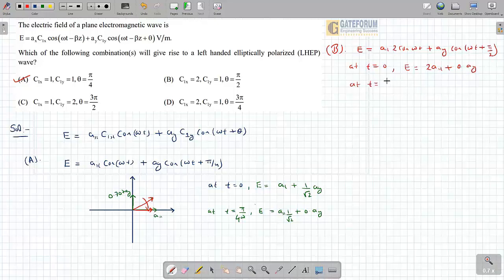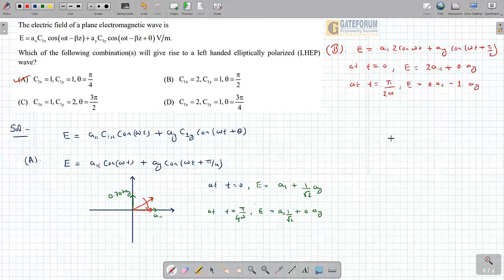At t equal to pi by 4 omega, I can write this even as pi by 2 omega also here, not an issue, just for the sake of simplicity. This will become cos pi by 2, so that is 0, 0 into Ax. And here pi by 2 plus pi by 2 will become pi, cos pi is minus 1.